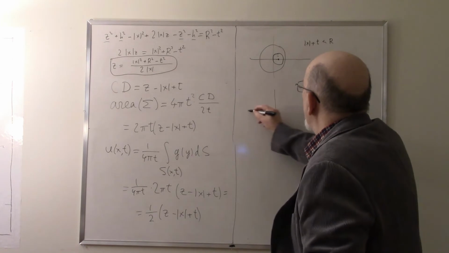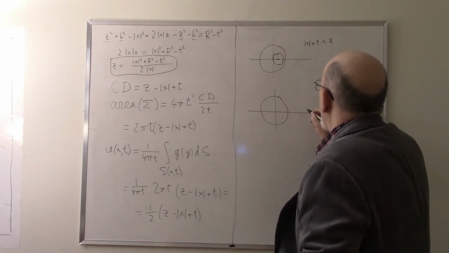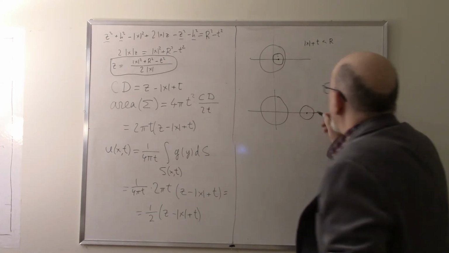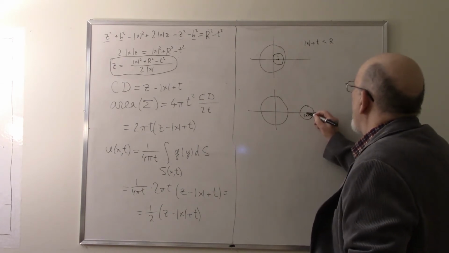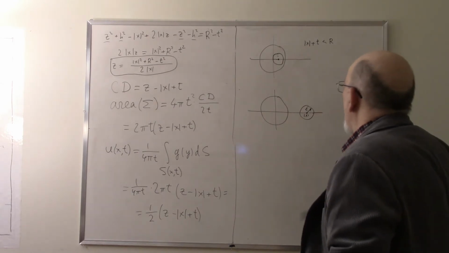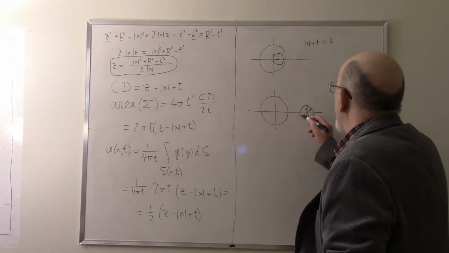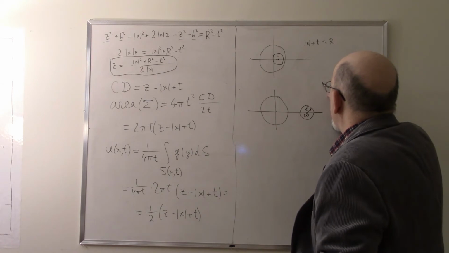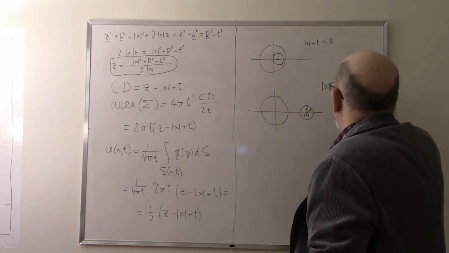We have two opposite cases. We have this case, when the sphere is, it is x, module x, and it is t. So in this case, we have this r, this is t, so module x more than r plus t.